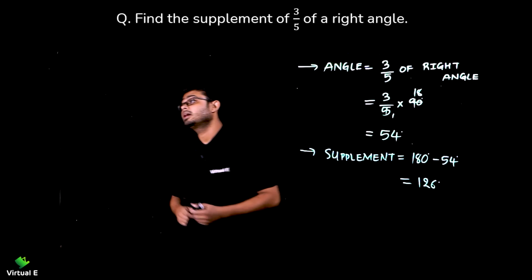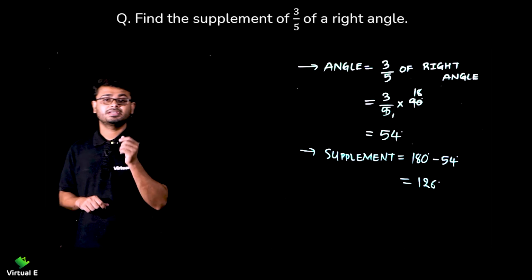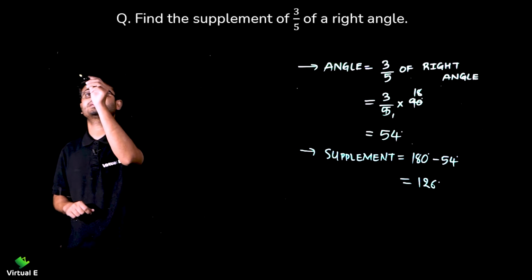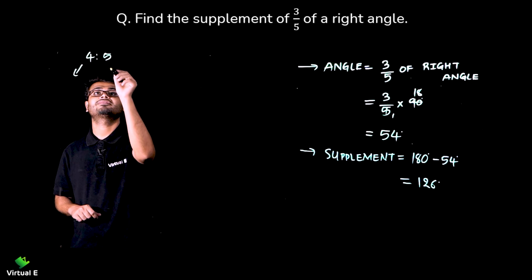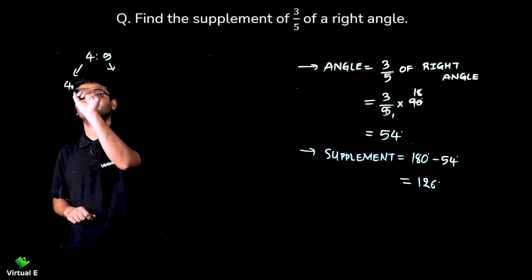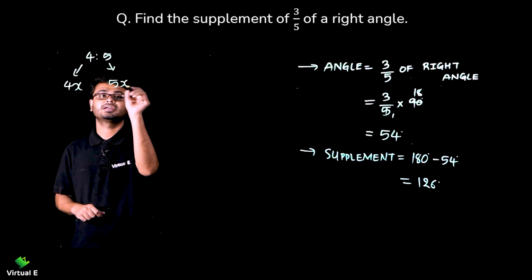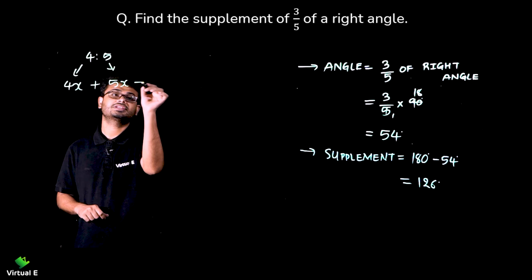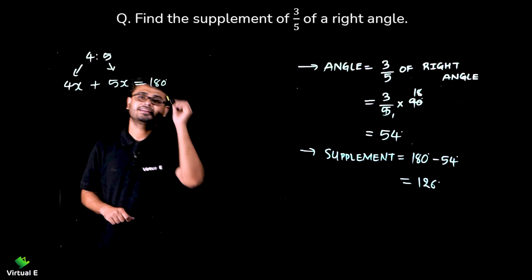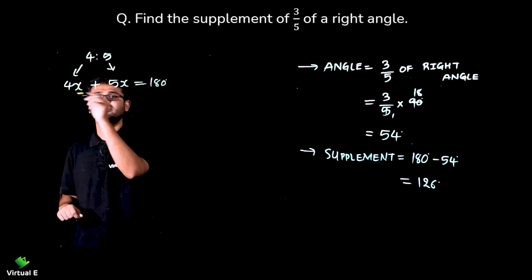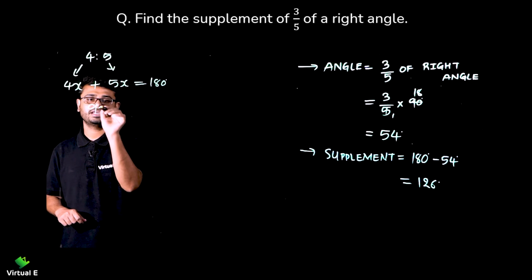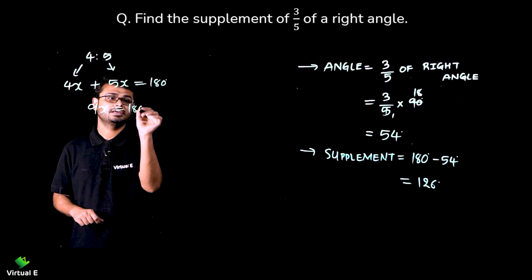Here also we can have the form of ratio like we did in complementary angle. Let's say the two angles are in the ratio 4/5, right? Then the two angles will be 4x plus 5x. But if we add up, in this case we are supposed to get 180 degree because this is the case of supplementary angle. So let's do it. 4 and 5 will give you 9x is equal to 180 degrees.